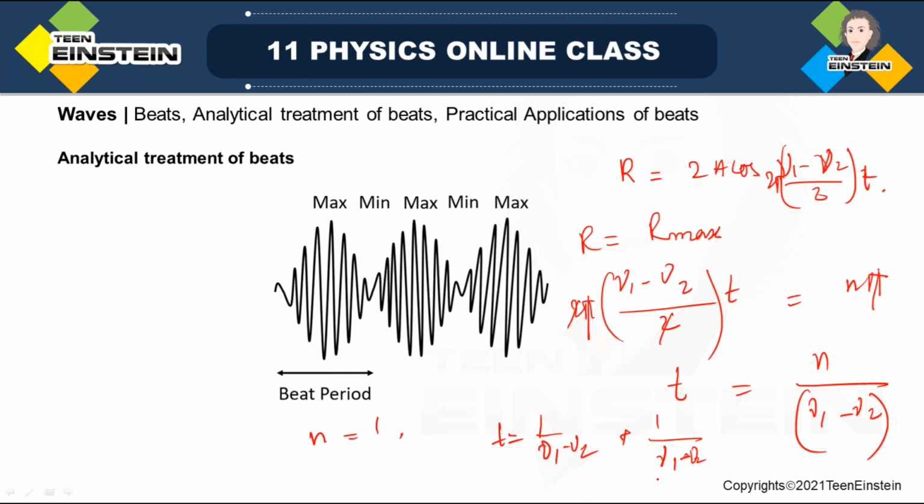These are the successive maxima. So if you just take the difference between two successive maxima, that is the time when the maxima are occurring.